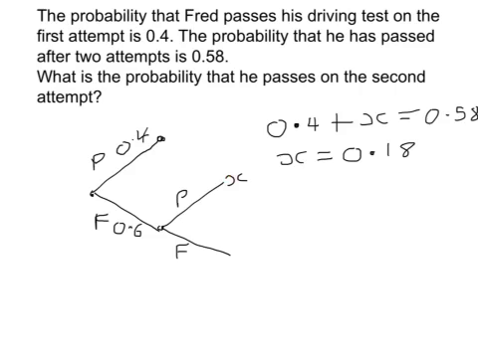So what we now know is that, let's call that little question mark because we don't know what the probability of that is. So what we now know is that 0.6 times our question mark equals x. And we already worked out that x is 0.18.